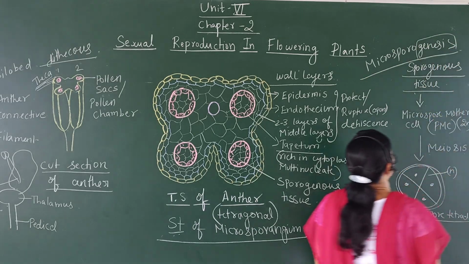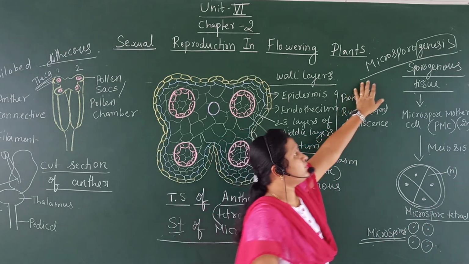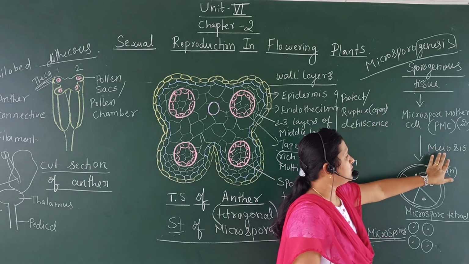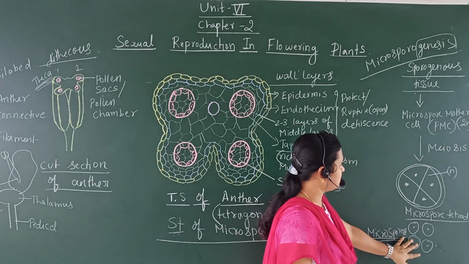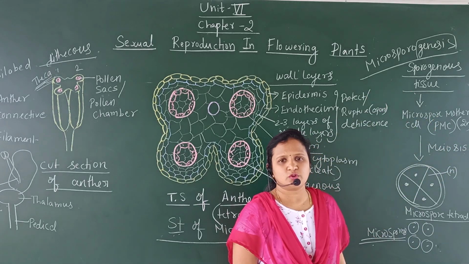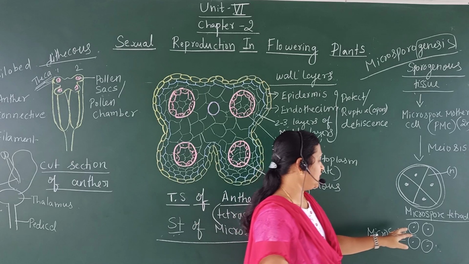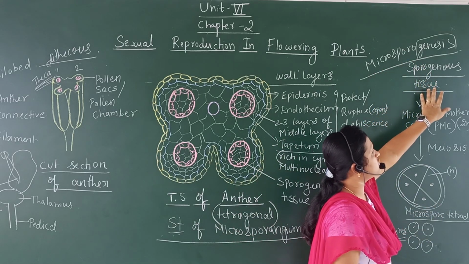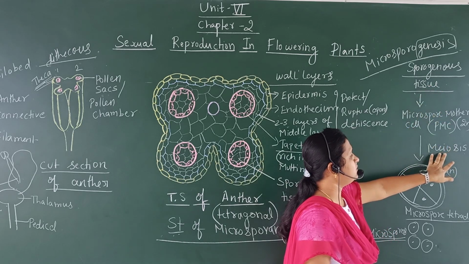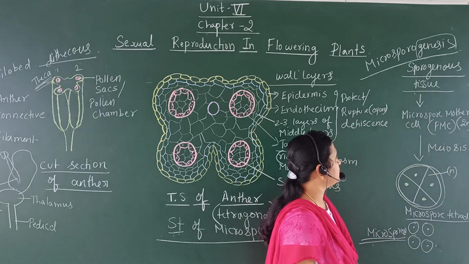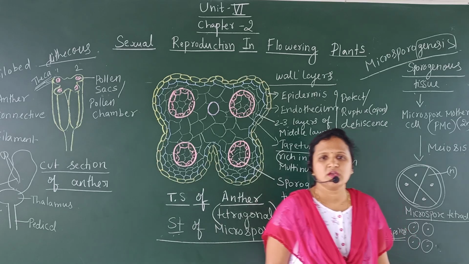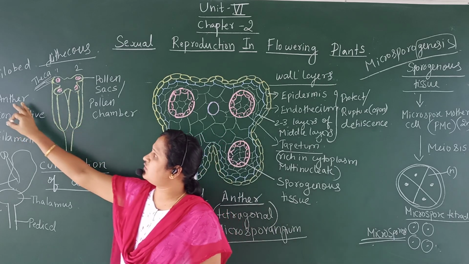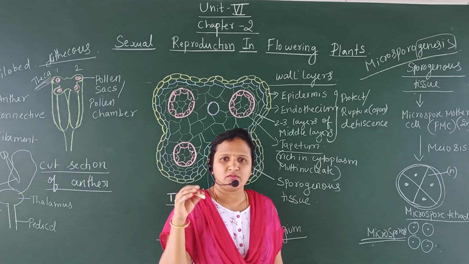Genesis means formation. Let me repeat: the formation of microspores from the sporogenous tissue by meiosis, this entire process is called microsporogenesis.